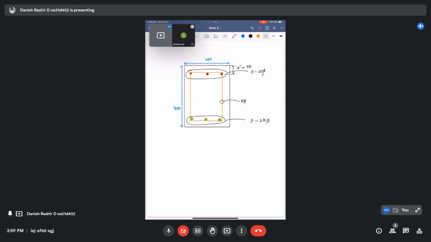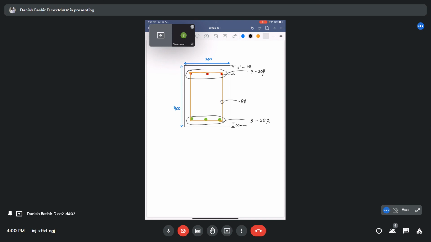And we provided clear cover, from the outer side of the stirrup to the outermost fiber, as 30 mm. Later we can do other calculations as well.